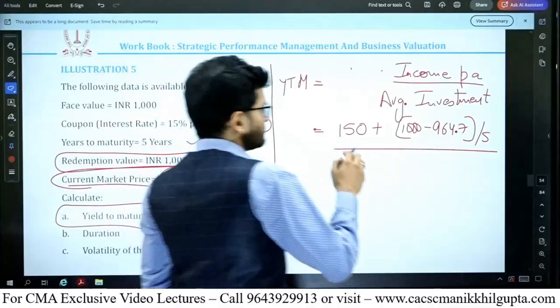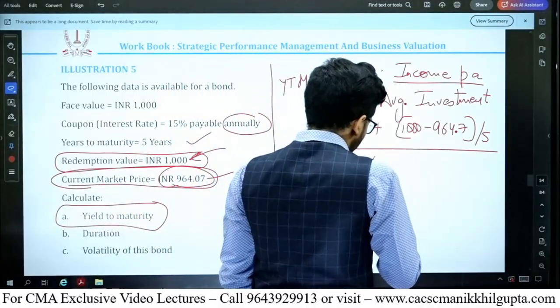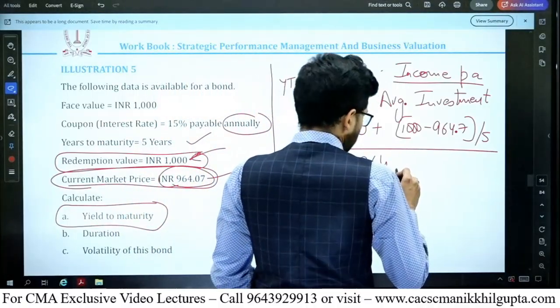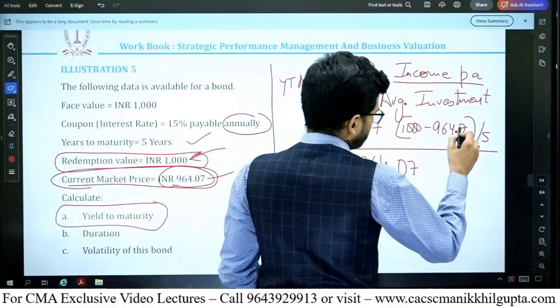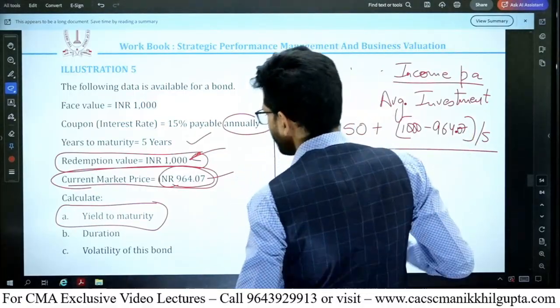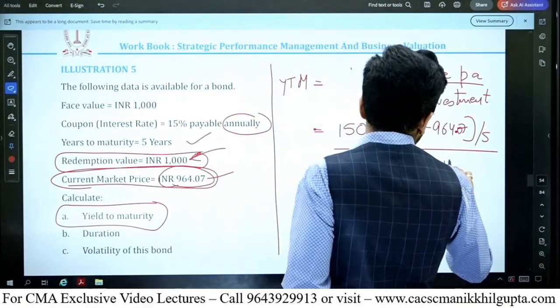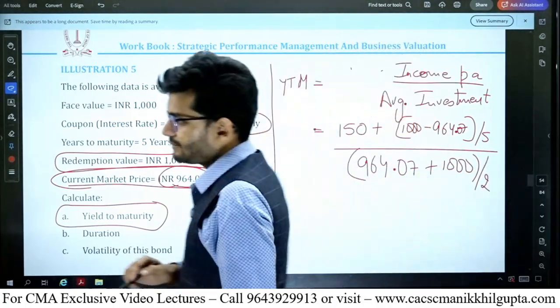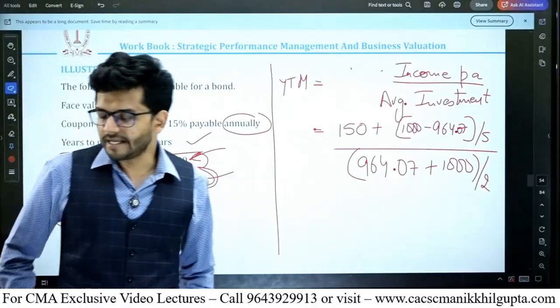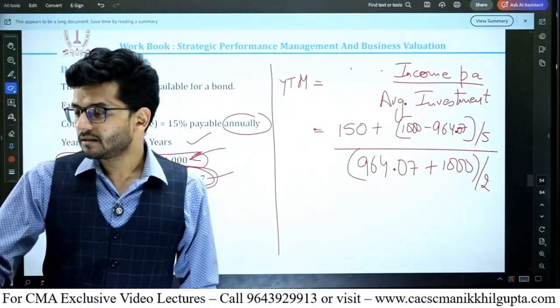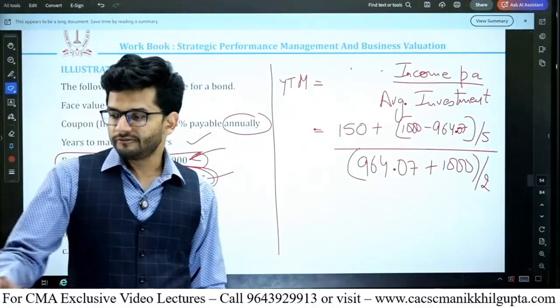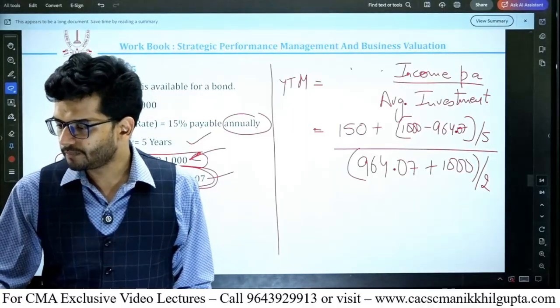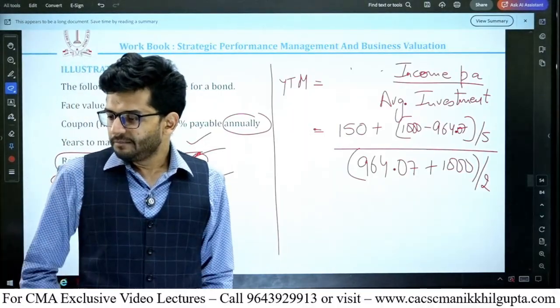Divide by average investment. Average investment means, as of now you have to spend 964.07, and in future you're going to get 1000. So I'm going to take an average of both of them: 964.07 plus 1000, the future value, divided by 2.